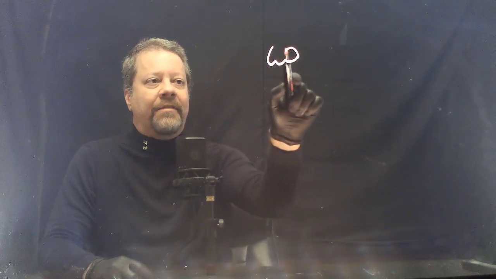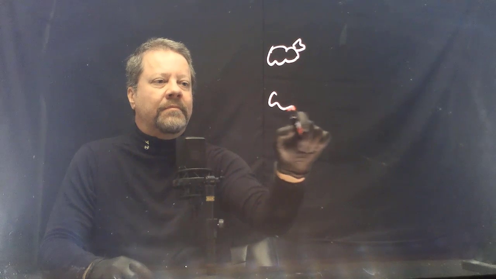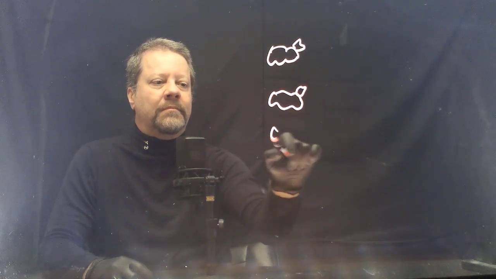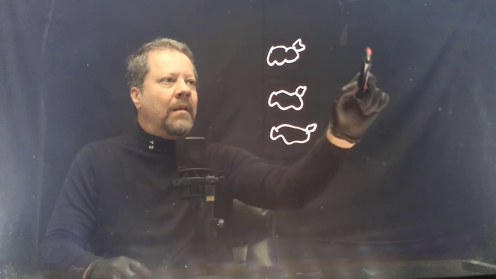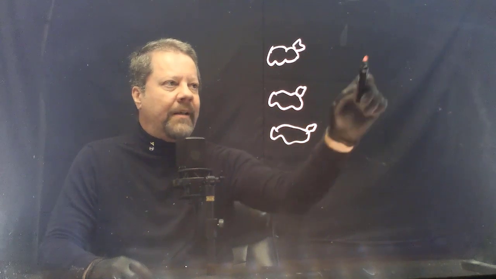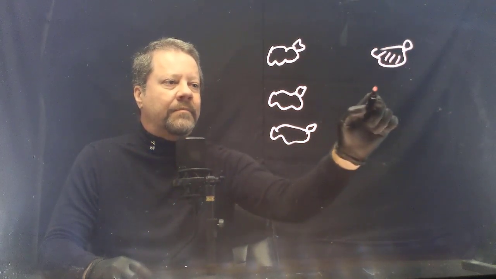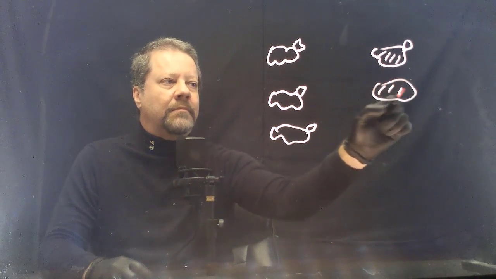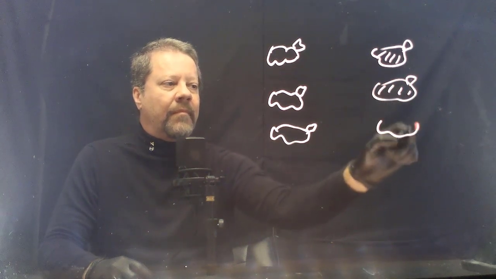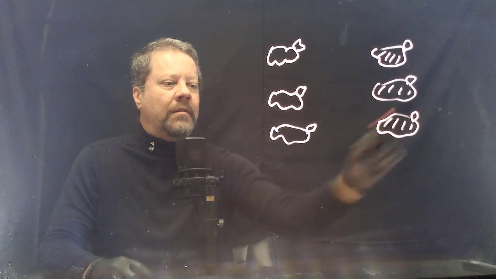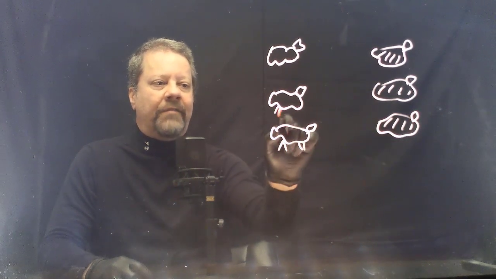Suppose I have some sheep. These are my white sheep, and then I have black sheep. I guess they should probably also have legs.